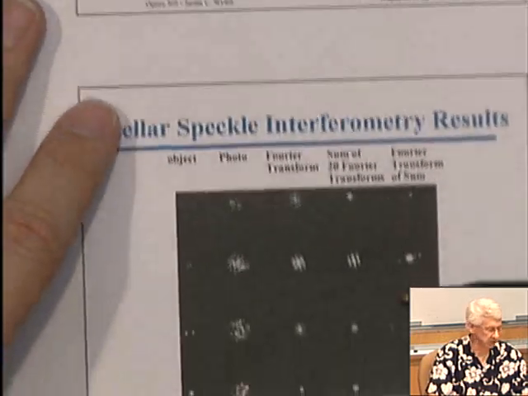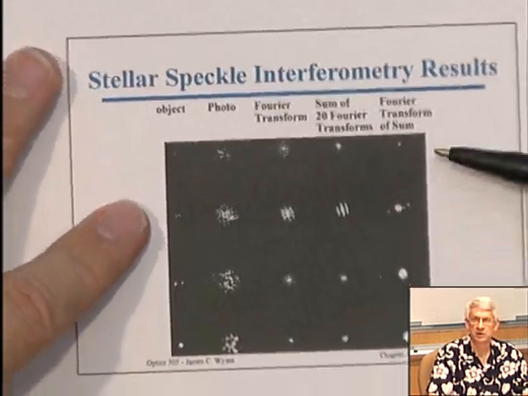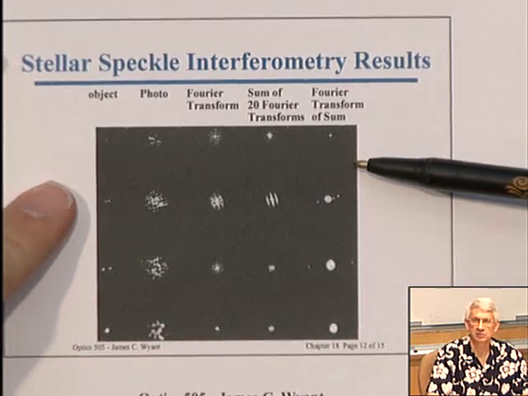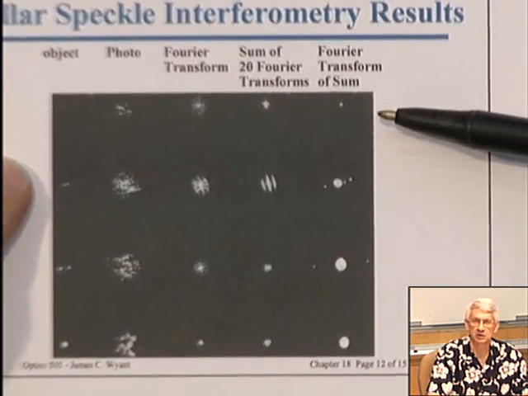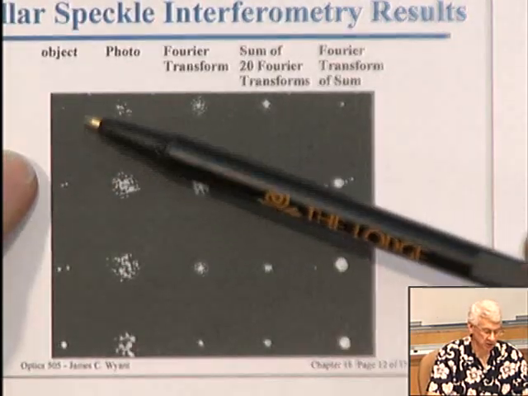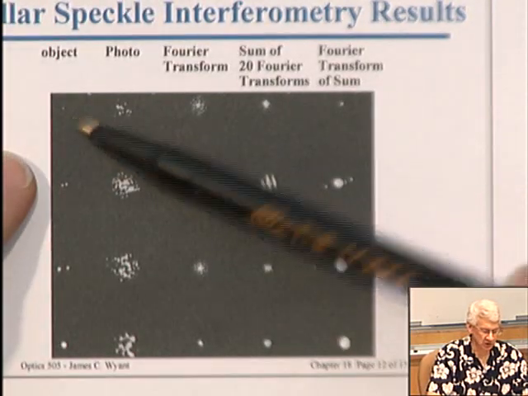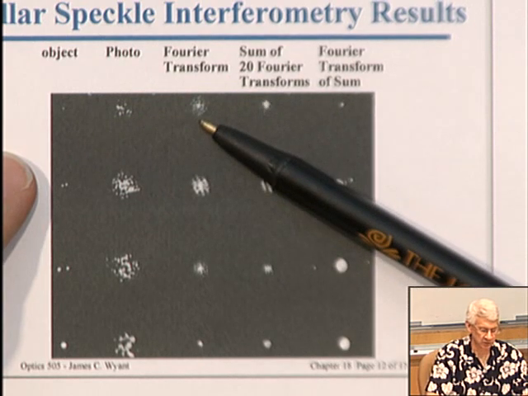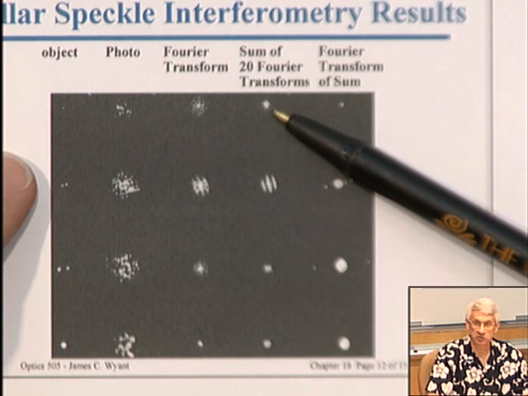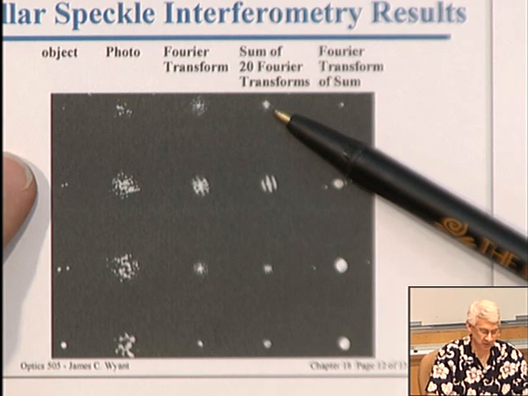So here's some results. And you might be able to see these, Molly. I might ask you to move in just a little bit more. That's good. Thanks. Okay. So here we have an object. Here I have a single star and a single photograph and its Fourier transform. Then the sum, as we discussed, of all the two-dimensional Fourier transforms.